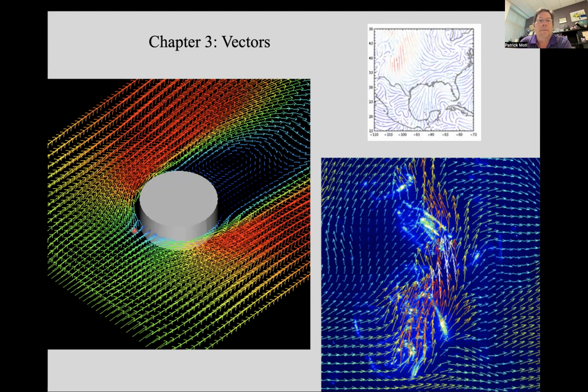We can see that you have a complex flow with a vortex after the flow passes the cylinder, and that vortex is going to oscillate.